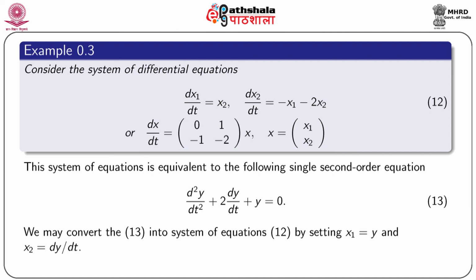This system is also equivalent to a single second order equation of the form d2y/dt2 + 2 dy/dt + y = 0. All we have to do is eliminate x1 and x2 by setting x1 = y and x2 = dy/dt, and you will get this equation (13).